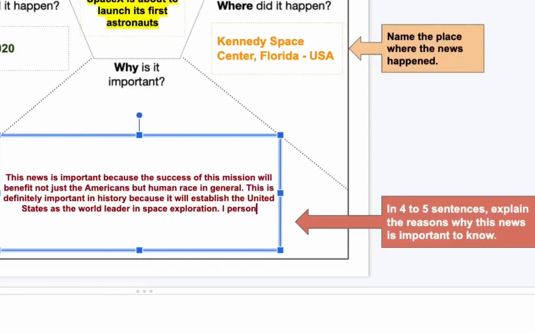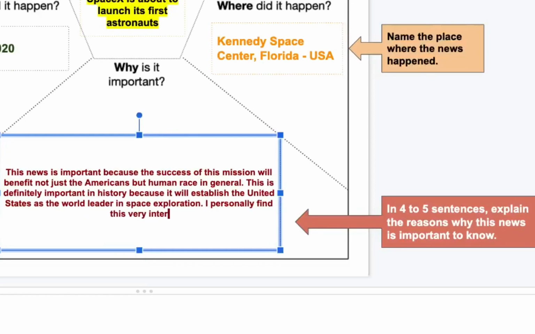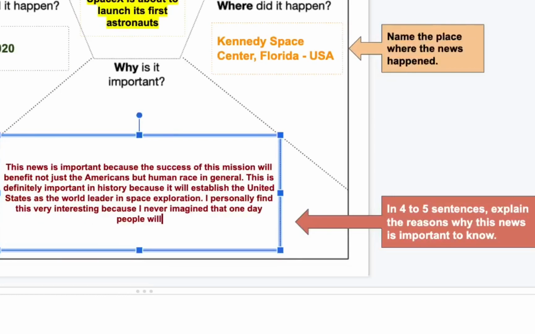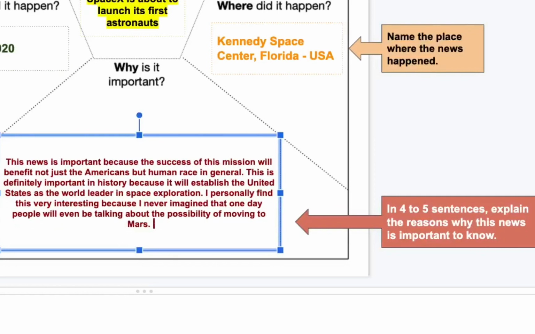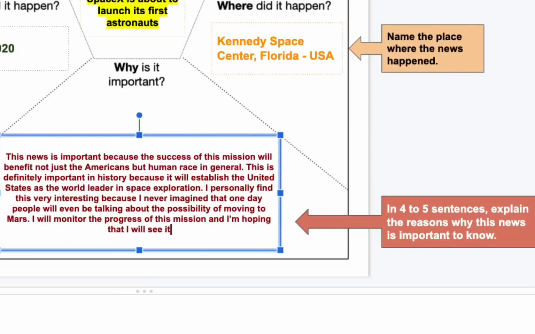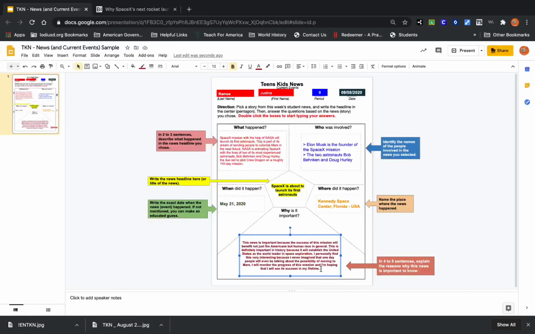I personally find this news very interesting because I never imagined that one day people will even be talking about the possibility of moving to Mars. I will monitor the progress of this mission and I'm hoping that I will see its success in my lifetime. So that is a 4 to 5 sentence response and I'm done.